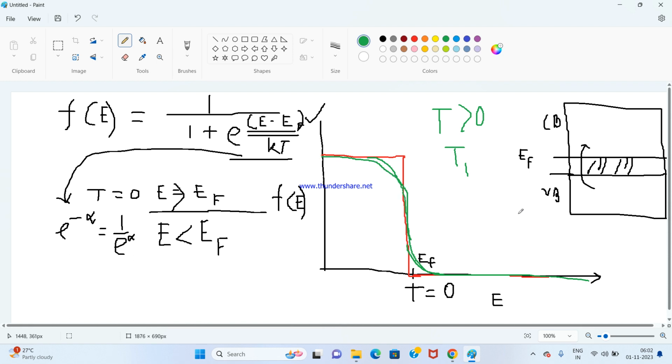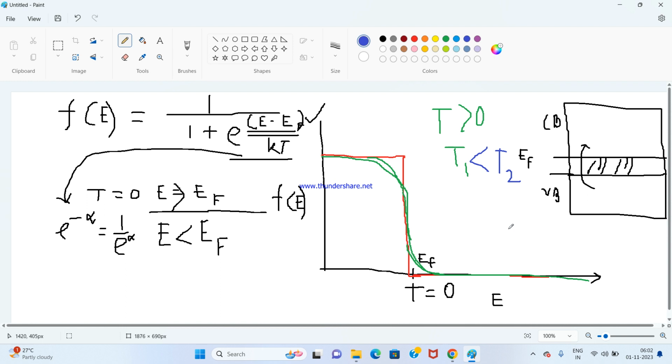Okay. Now if we take another temperature T2 which is greater than T1, what will happen?